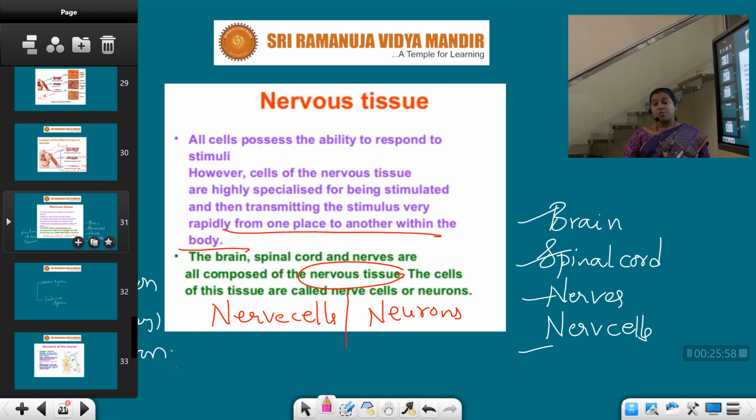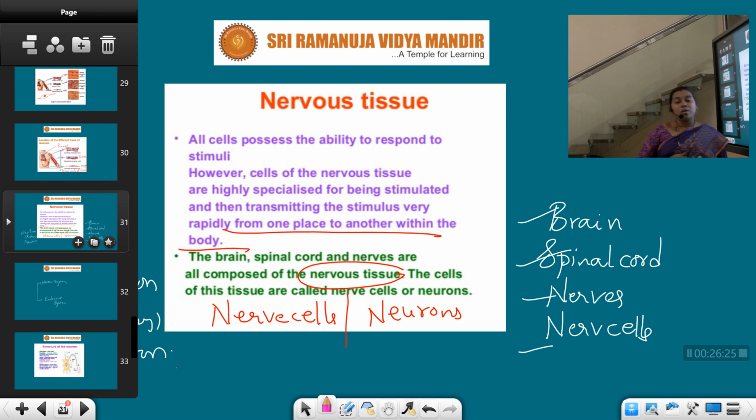Intercalary meristem is present in between the nodes. The space between 2 nodes is called the internode, and it helps increase the internodal length, so finally it increases the length of the plant.